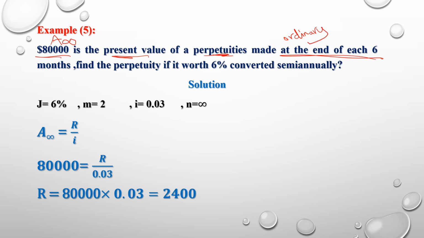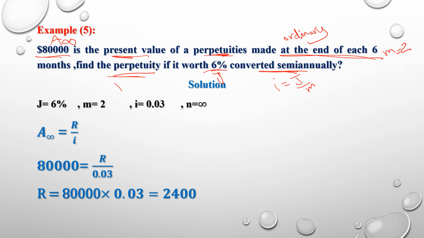And made each 6 months, so m equals 2. Find the perpetuity if it's worth 6%, so this is j, and converted semi-annually, so I equals j over m. So in this example, he's asking you about the value of the perpetuity.